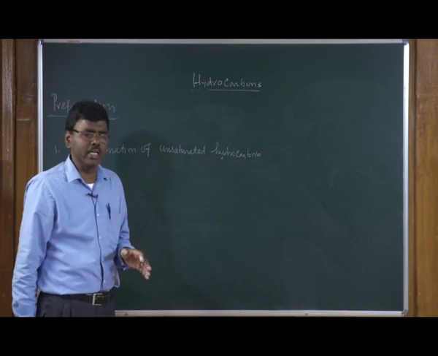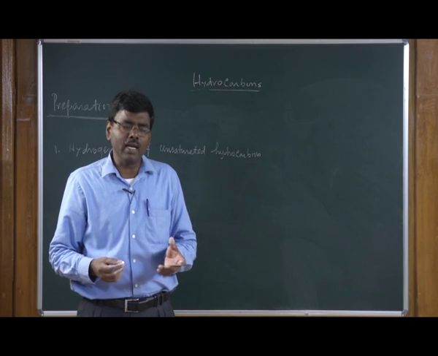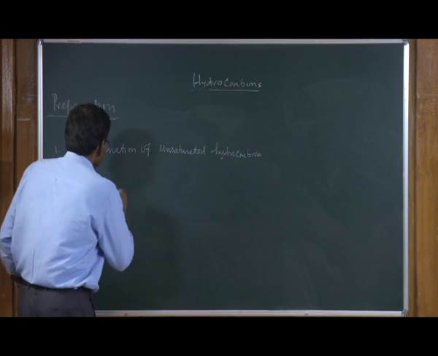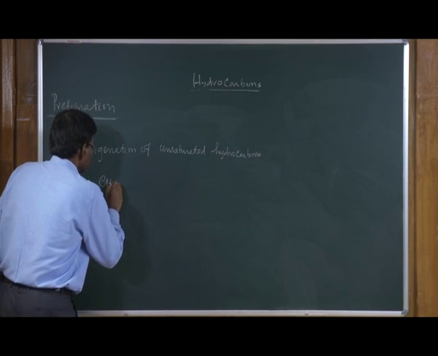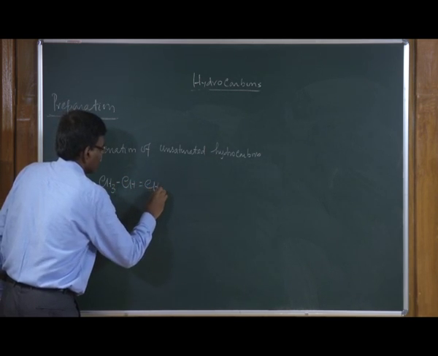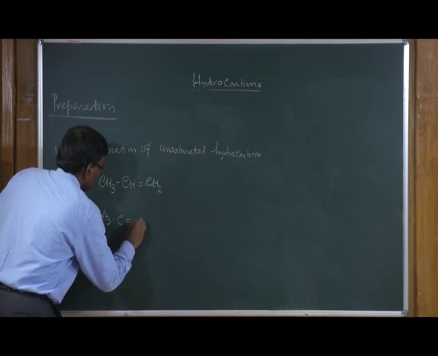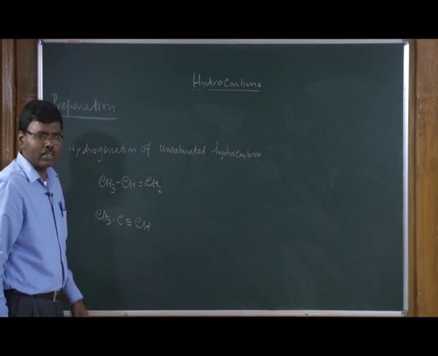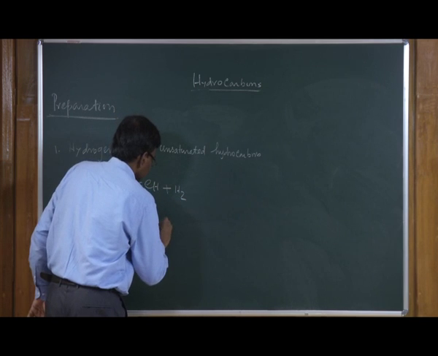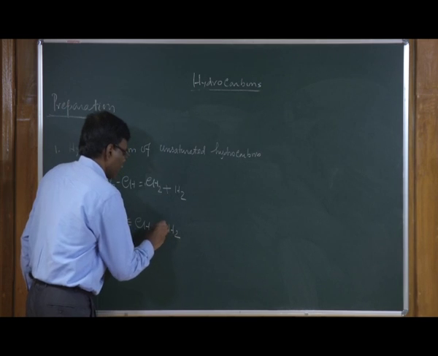In the beginning we have seen ethylene and acetylene as unsaturated hydrocarbons, and when you react, for example, propene, these unsaturated hydrocarbons with hydrogen, here you need 2 molecules of hydrogen.